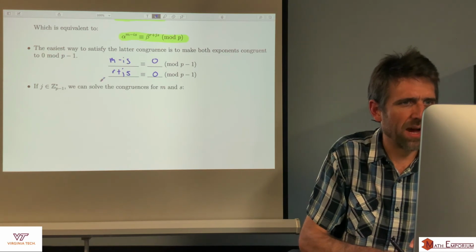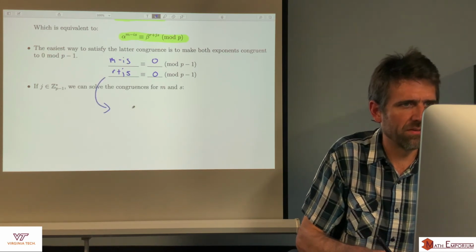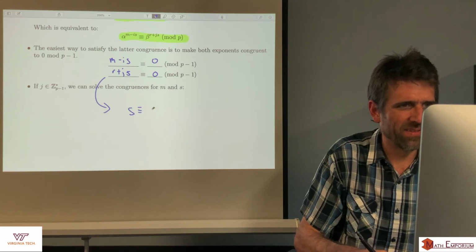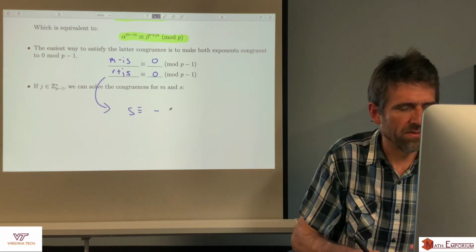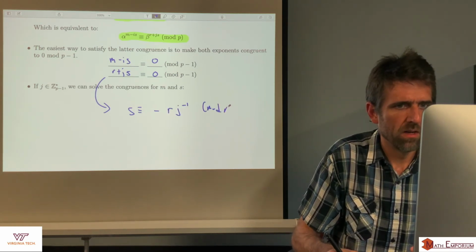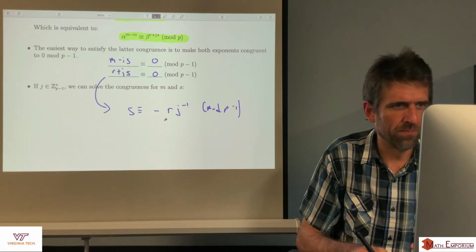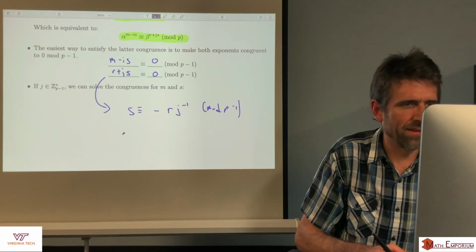I would just take this bottom congruence and solve it for s. So it will be minus r times j inverse, assuming j is invertible. And then I would just plug that into the top.